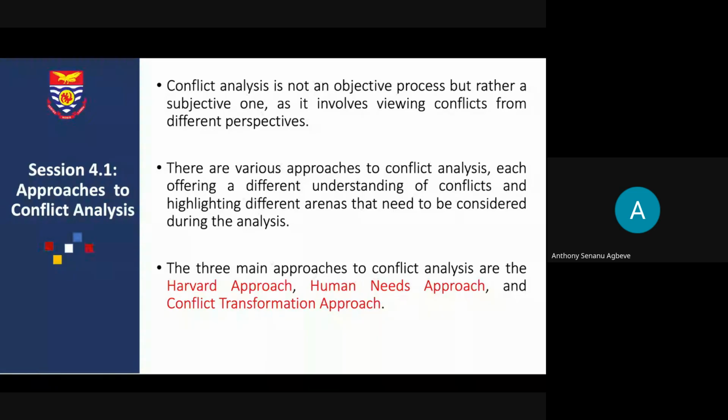So all these are various approaches or techniques that, depending on the school of thought you belong to, you may want to adopt, or depending on the kind of conflict you are dealing with, you may want to adopt the approach or the technique that suits you, so that you'll be able to analyze the conflict properly.